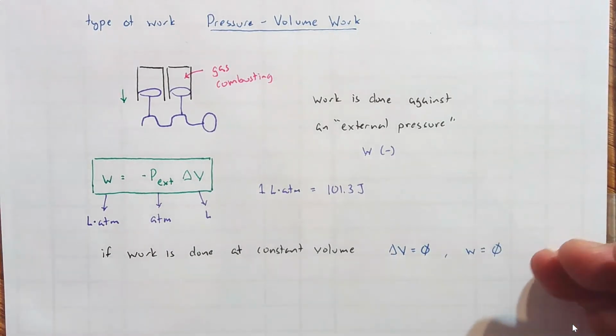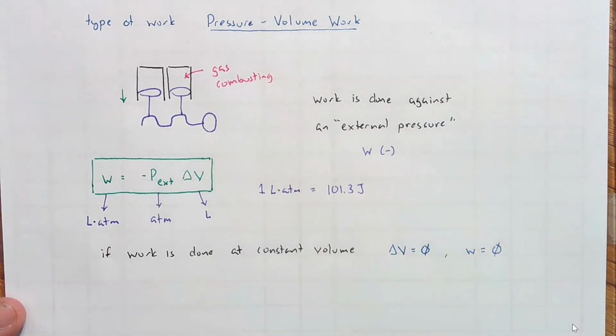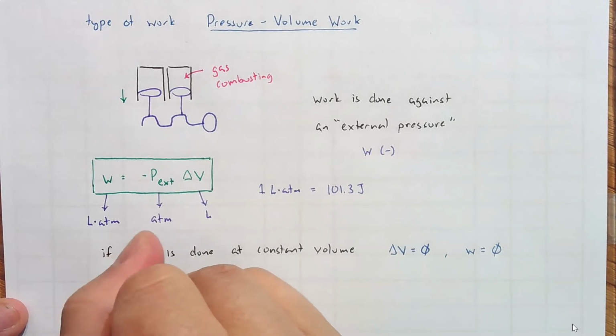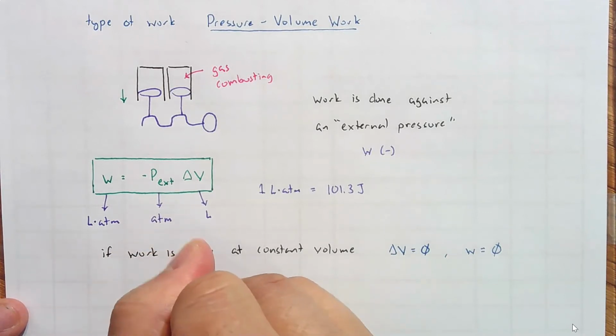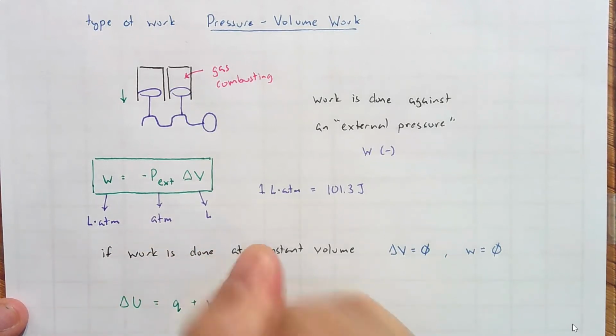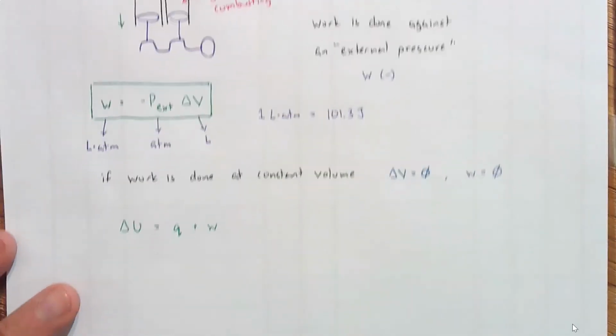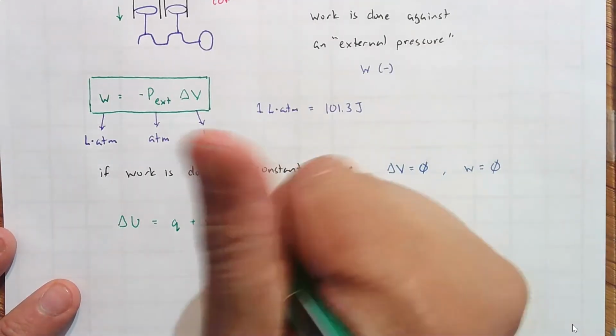When that is the case, what do we have? We have that delta U equals Q plus W. Do you remember that equation? But now W equals 0.